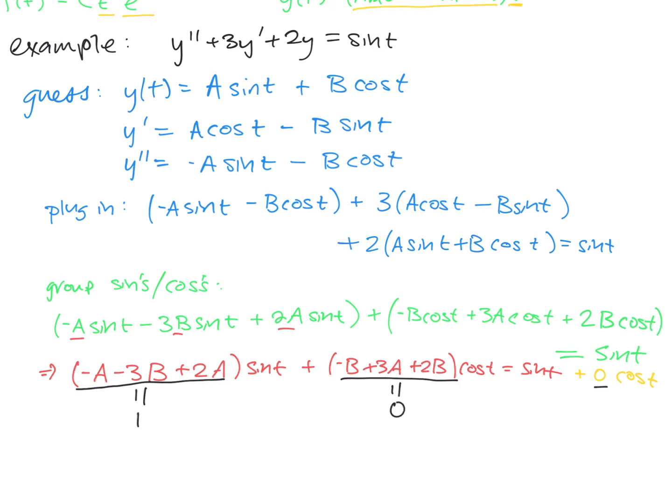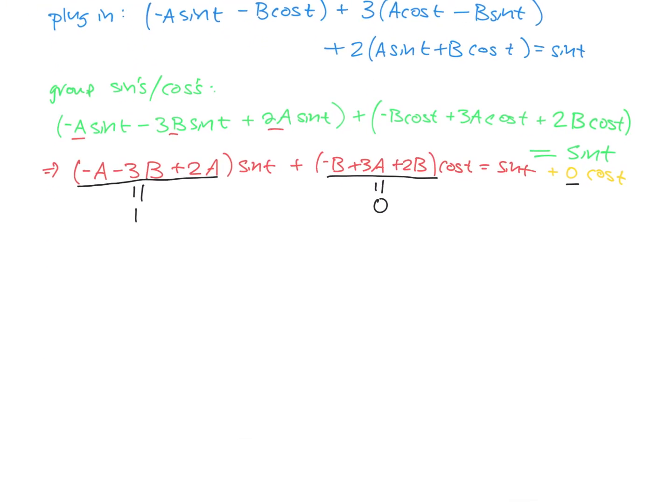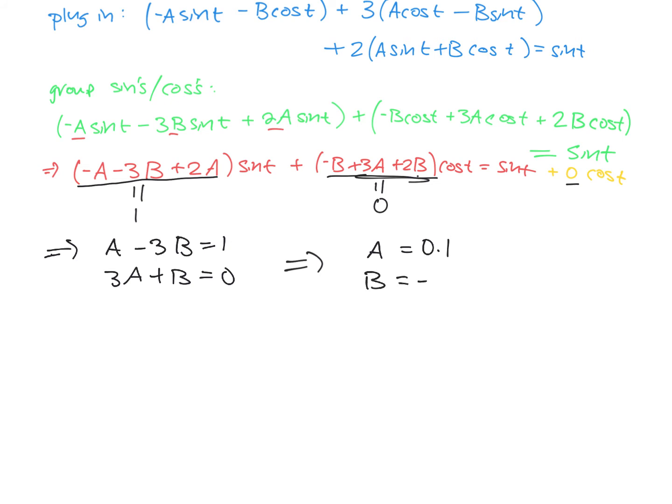So you've got now two equations to solve, these two, where I simplified the terms in the parentheses up here a little bit. And then I'm not going to do this arithmetic live, and I'll let you verify that we end up with A equals 1/10 and B equals -3/10.